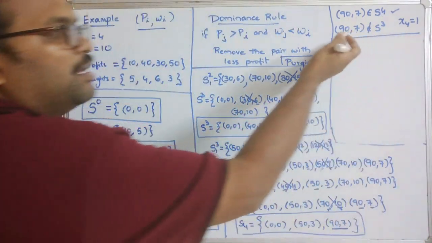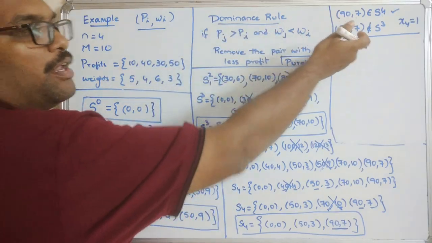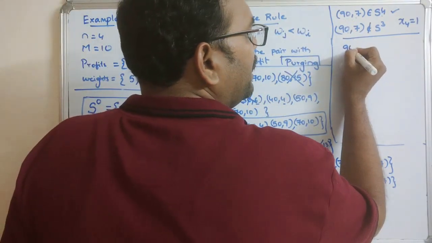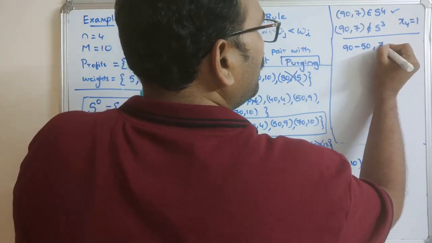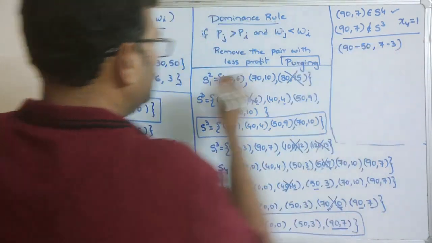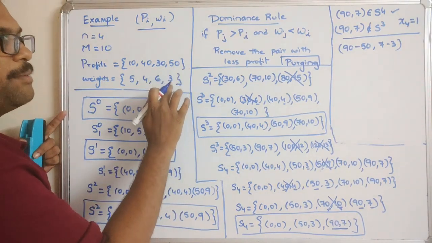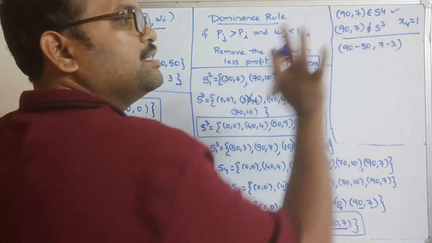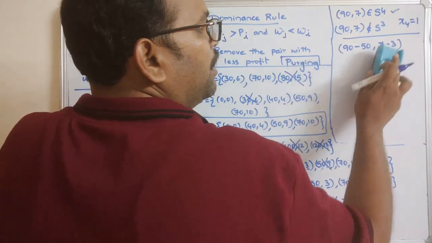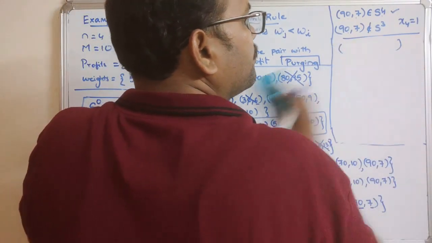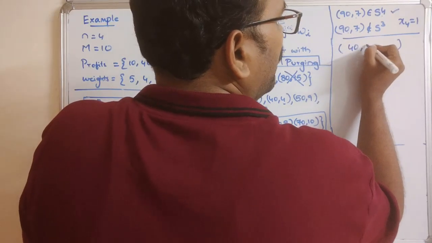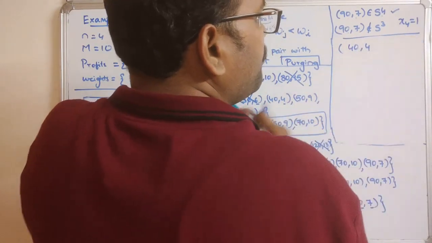Now remove the fourth element from this particular weight. So 90 minus 50 comma 7 minus 3. So this is the fourth one, 50 comma 3. So remove the things from the pair. So obviously it will be 40 and 4. Check the same conditions.